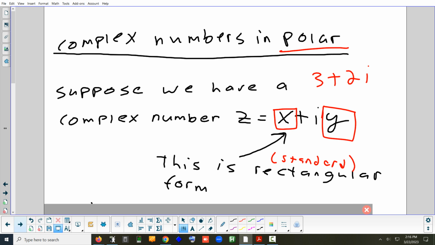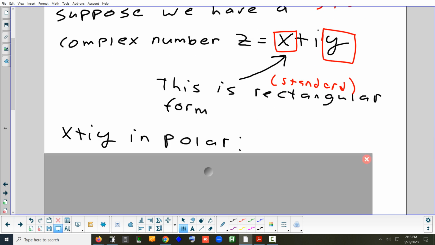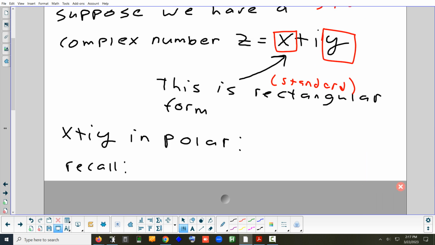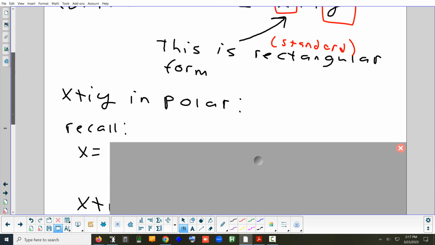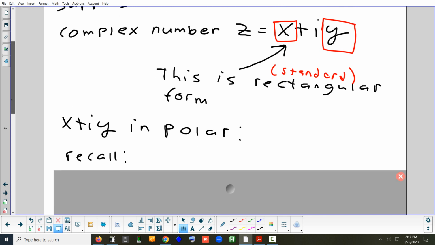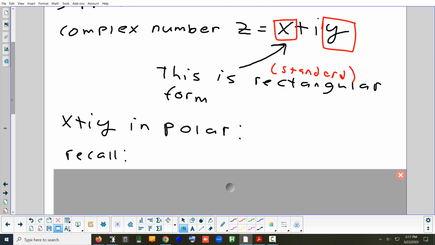Cannot have an X and a Y. And we had formulas. We don't even have to figure them out again. We already have two formulas that convert X to polar and Y to polar. We did those on Monday.